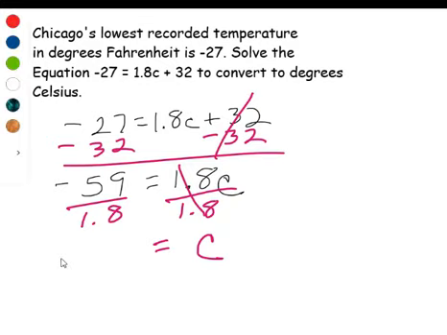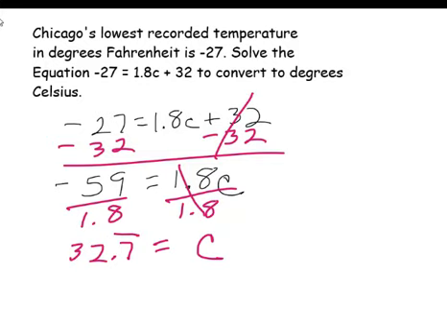So it gives me 32.7777. So since the 7 is repeating, I'm going to stop it here and round to the nearest tenth. Oops. You know what? It depends on what the instructions say. This one didn't give us anything specific. So actually, instead of doing that, I can just do this right here. 32.7 repeating.